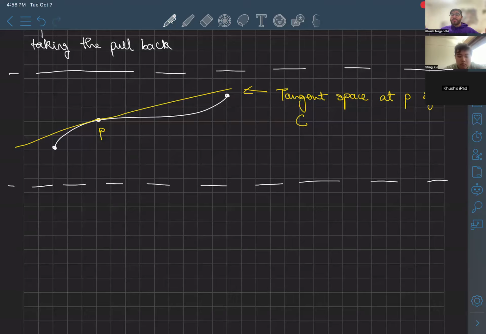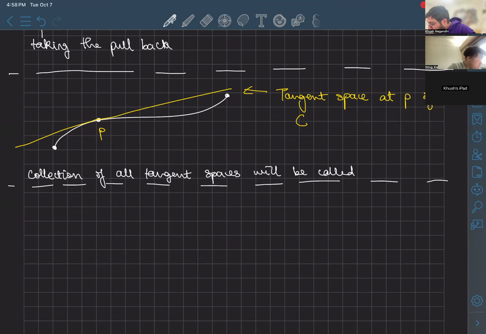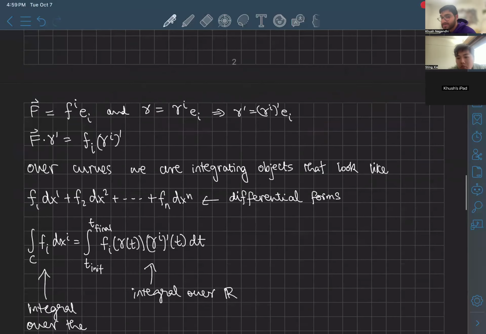The collection of all these tangent spaces will be called the tangent bundle. Bundle means something very specific here, and we'll see what that means. Okay. So this is integration along curves.